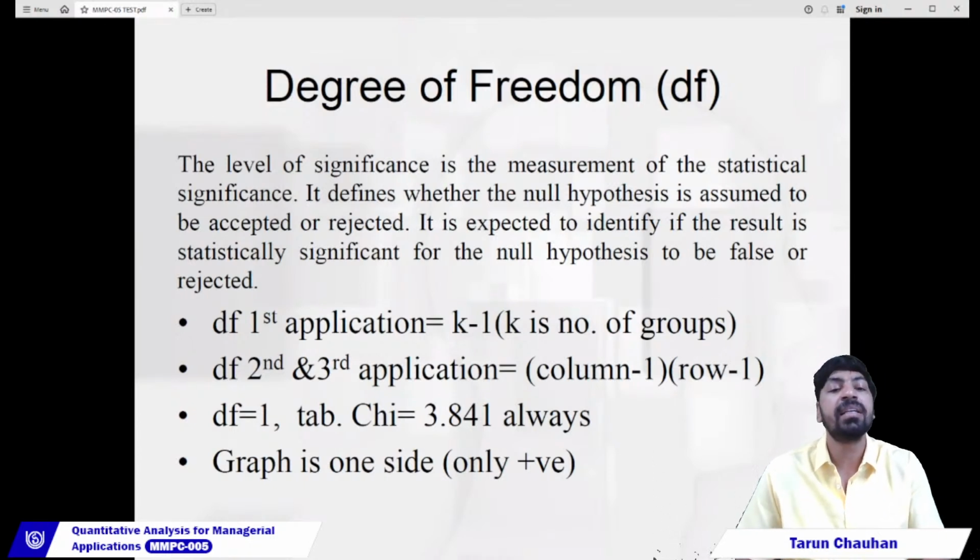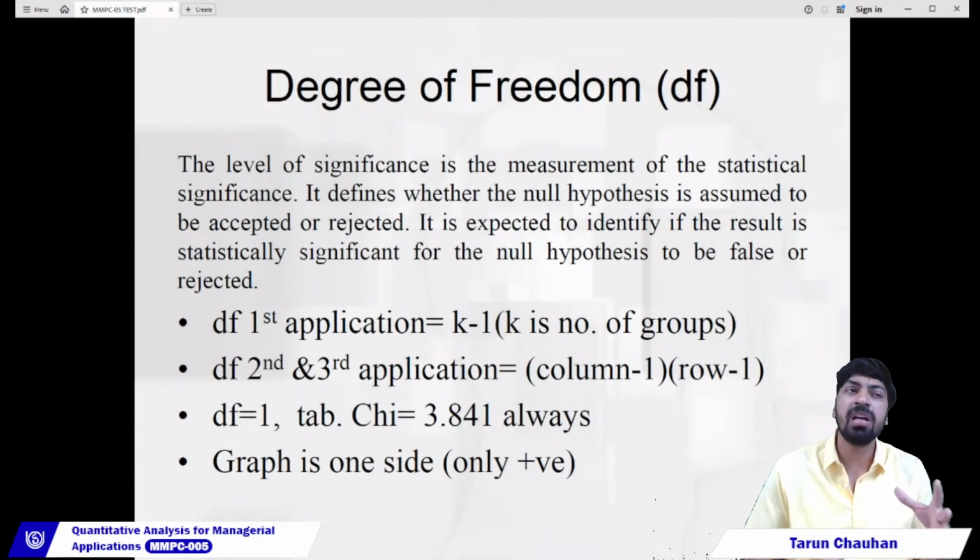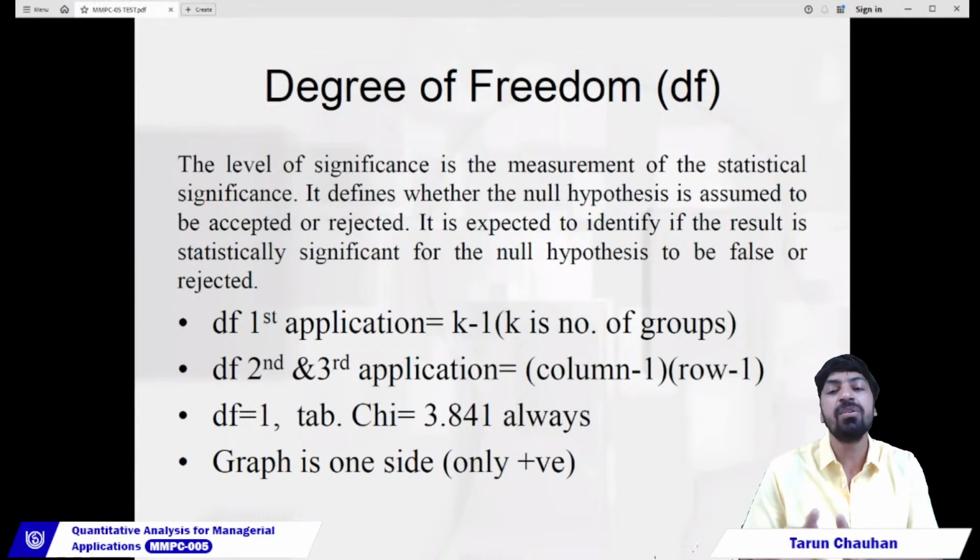In the second and third category, we always talk about contingency data, or you can say contingency tables, where the rows and columns will be given. Accordingly, the degree of freedom will be calculated based on the formula given on the screen, that is column minus 1 into row minus 1.